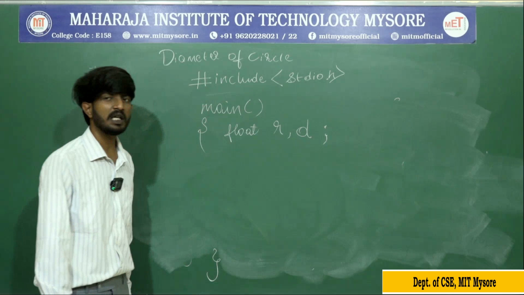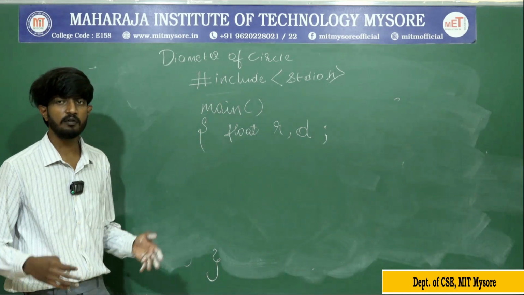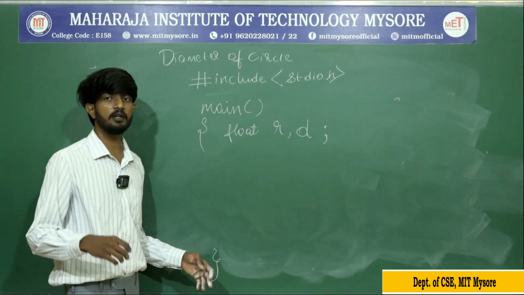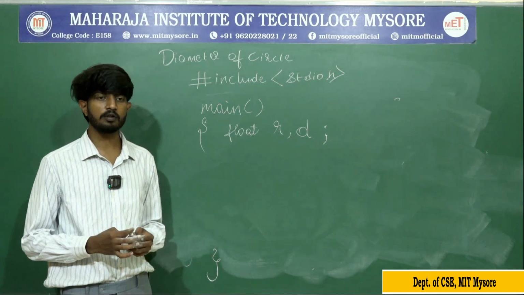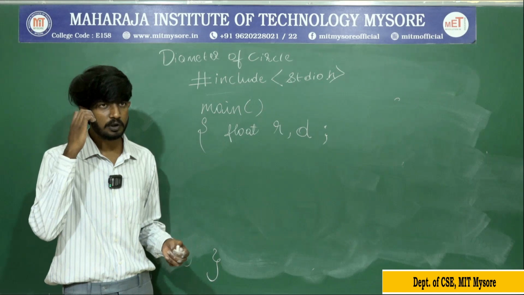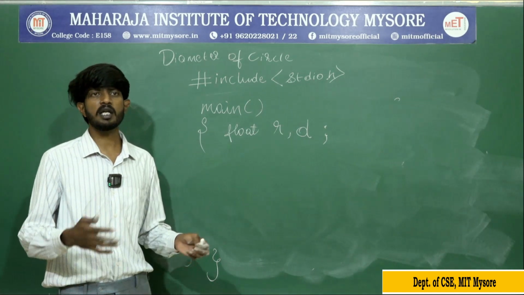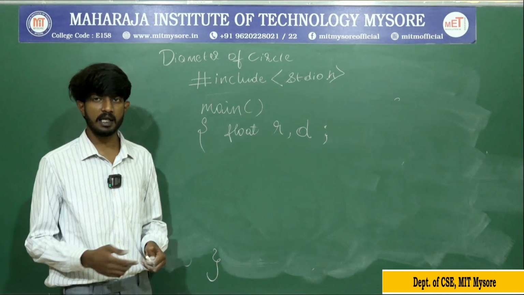Okay. So next I need to take the radius value from the user. So I need to output a message, enter the radius value, so that he can enter it.